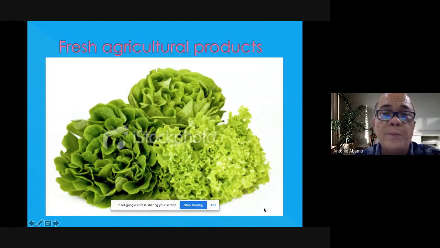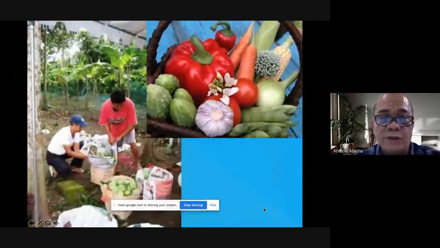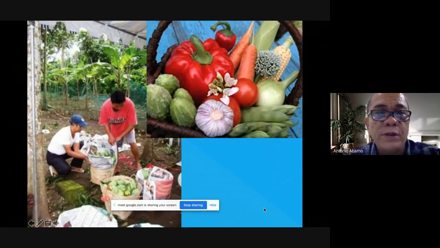This is an example: leafy vegetables, looking fresh, succulent, and of really good quality. Farmers freshly harvest that particular vegetable or fruit, then it's packed and shipped to the market immediately. That's the nature of this commodity.